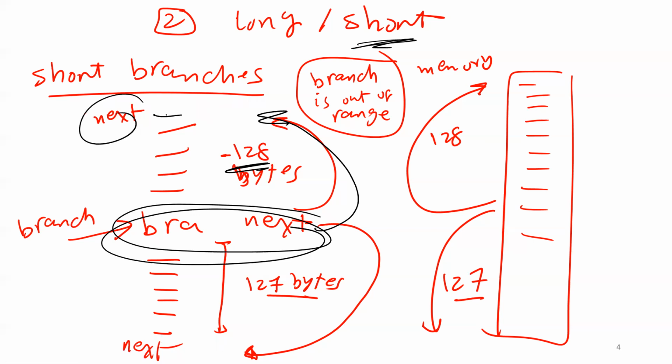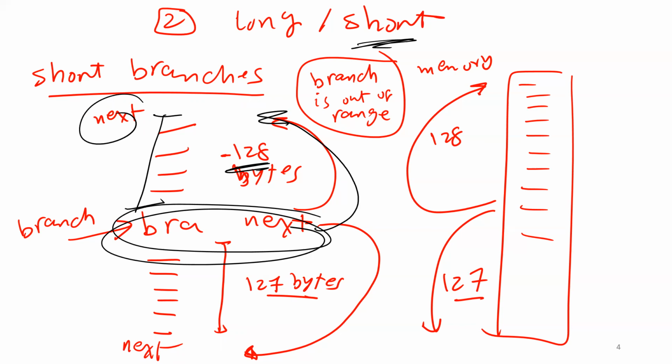So this is the distance from here to here. It should not be more than 128 bytes. In case you are going to move forward, the maximum is 127 bytes. So in short instructions, there is a limit on the jump.